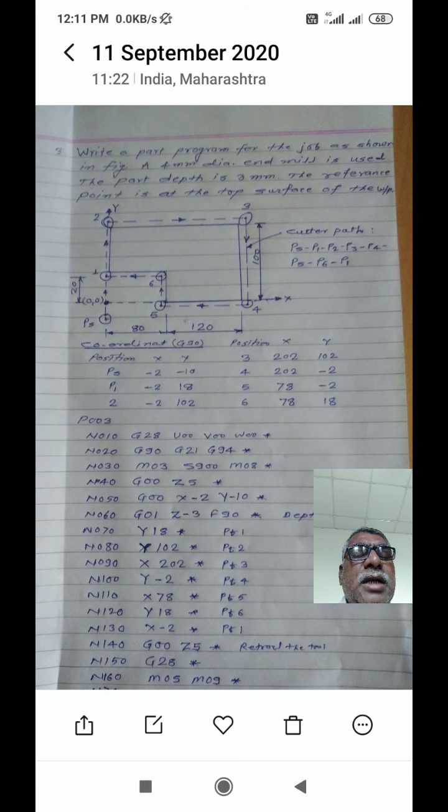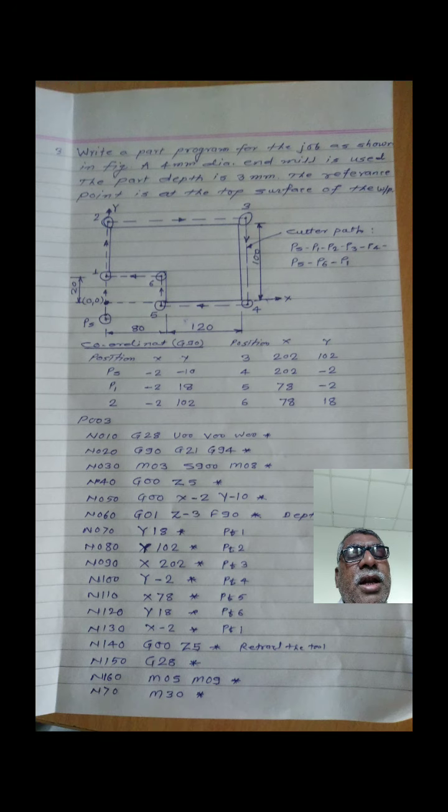And then the last two blocks remain the same for every program. N160, M05, M09, end of the block. M05 means spindle stop, M09 coolant off. The last block is N170, M30. M30 means program stop and tape rewind. That is the meaning of the M30. Here you can also use the code M02. Nothing wrong. Is it okay?